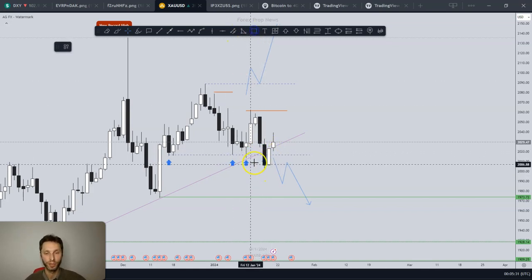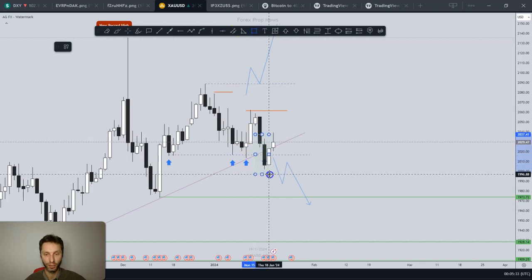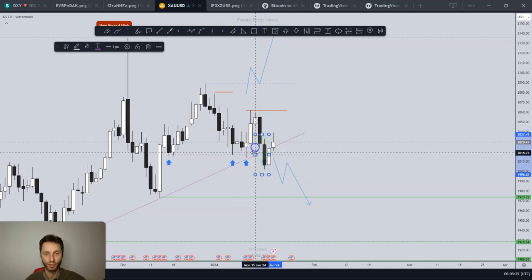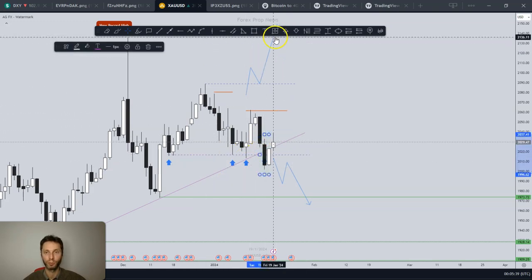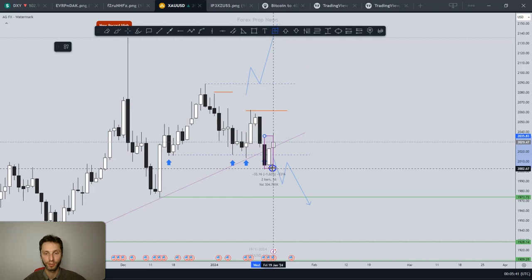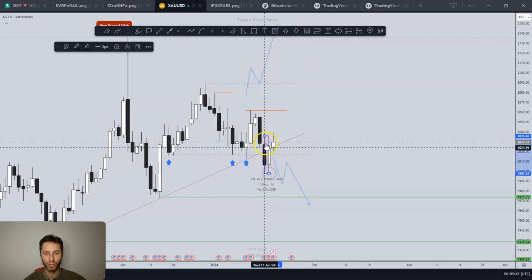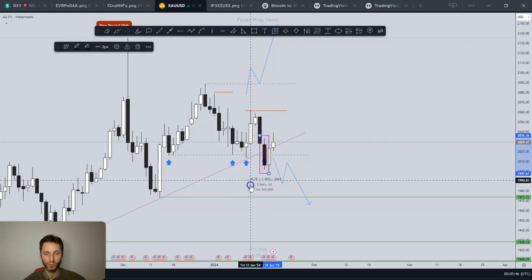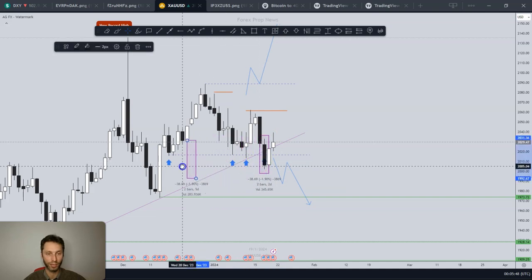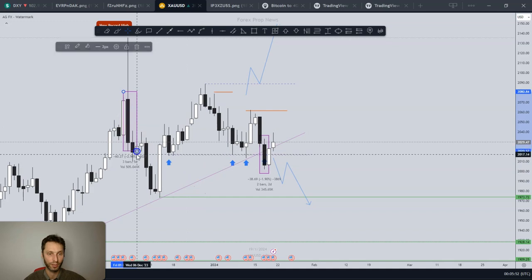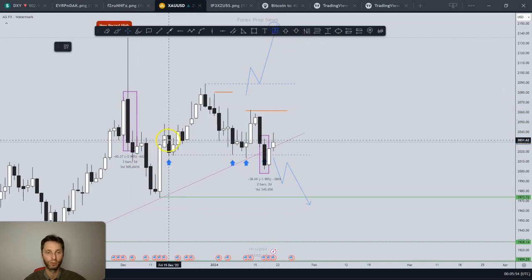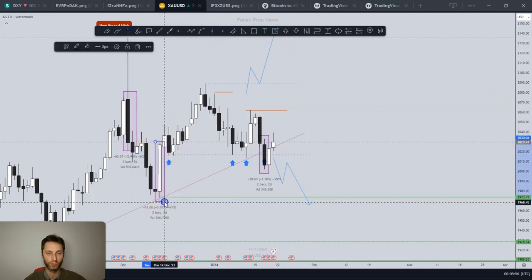What you can notice is that this candle right here is smaller than, really, let me just make it more obvious. We did break to the downside. And at the same time, you will notice that this candle is not as big, for example, as this candle or this bullish candle.